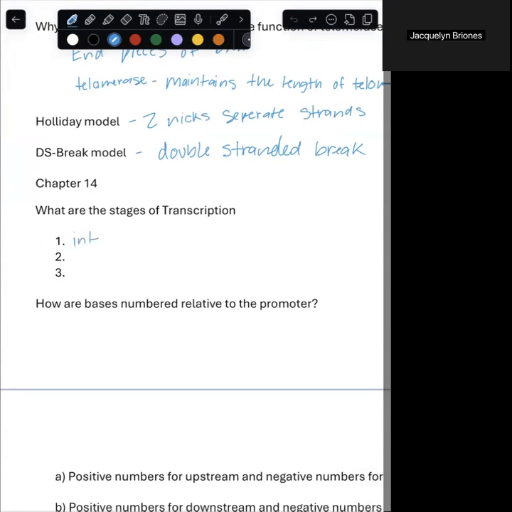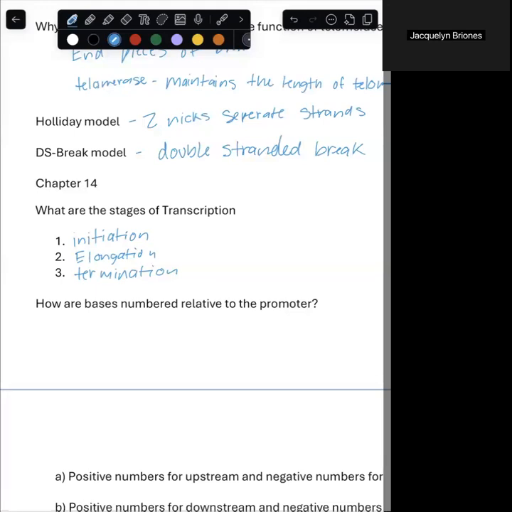You'd obviously go into more detail than just the stages of transcription, but yes: initiation, elongation, termination.